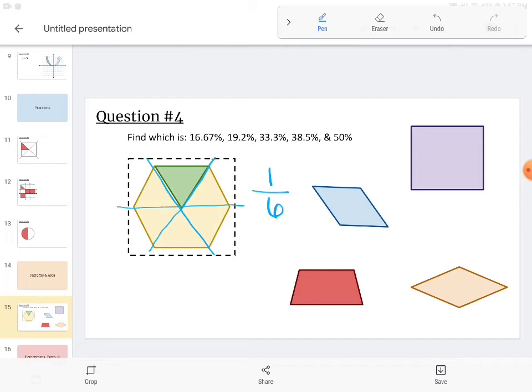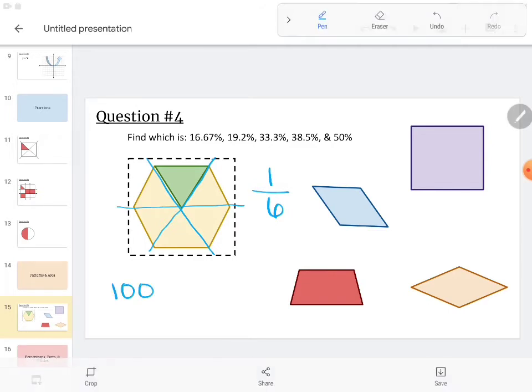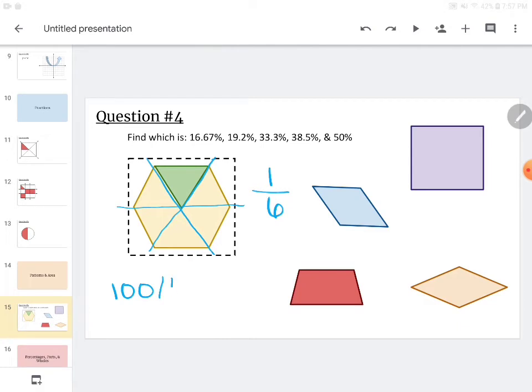Let me get my calculator pulled up. We're going to get the number 100. Put it in your calculators. This is another way to find out what the percentage is, going from fractions to percentages. We're going to put the number 100 in our calculator, and we're going to divide it by 6.